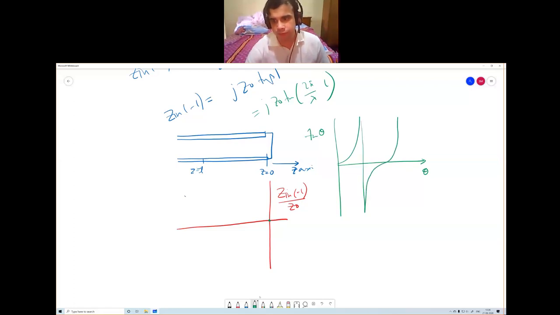Remember from trigonometry, this point is pi by 2, this point is pi, and this point is 3 pi by 2.